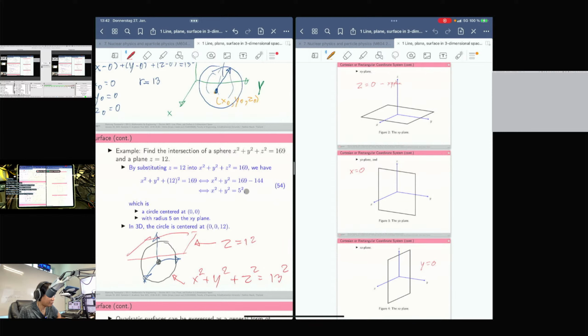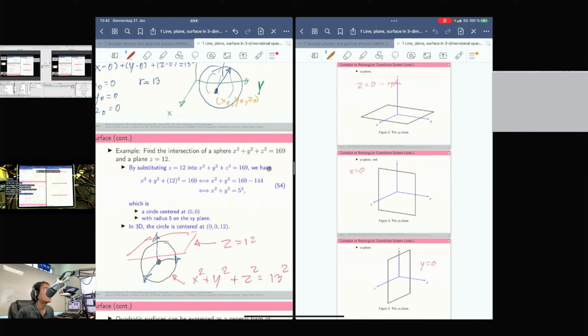What is the formula then? What is the type of this expression? You may have seen it before, right? x squared plus y squared equals 5 squared.